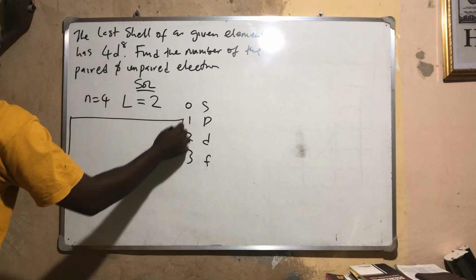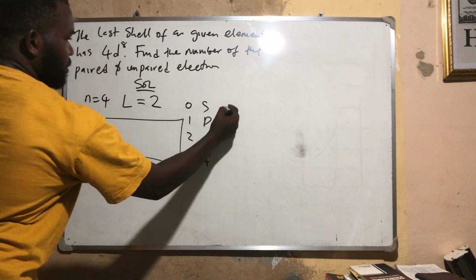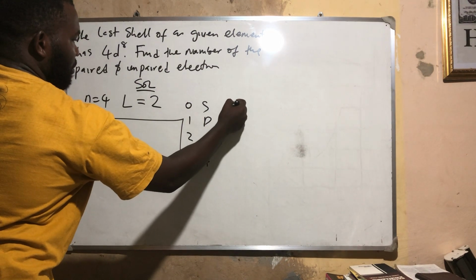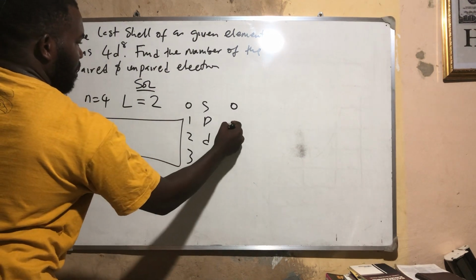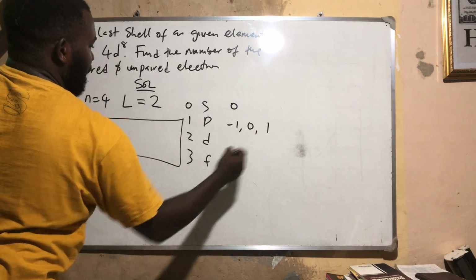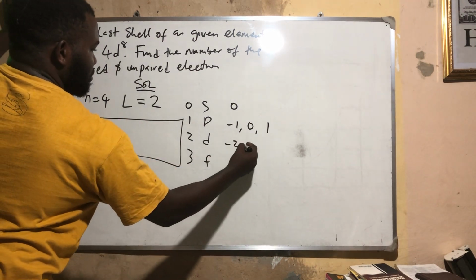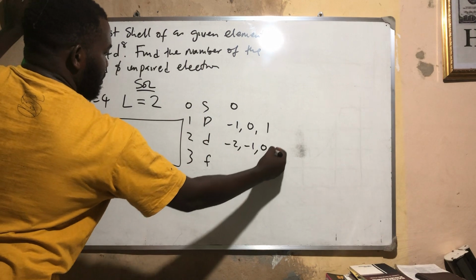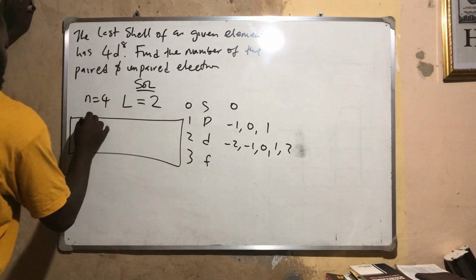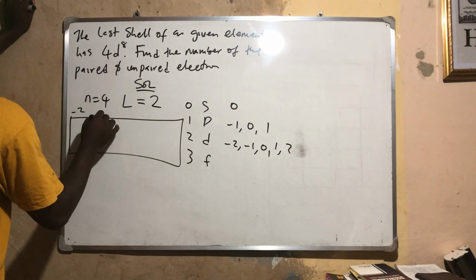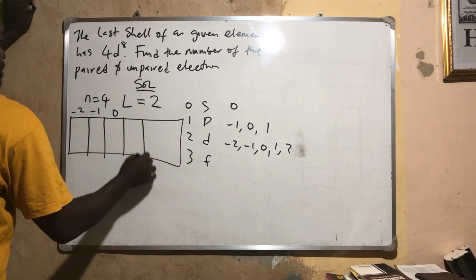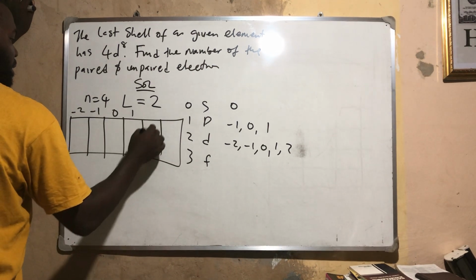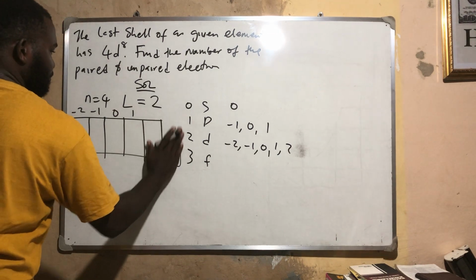I told you that S is just 0, P is -1, 0, and 1, and D is -2, -1, 0, 1, and 2. So we draw -2, -1, 0, 1, and 2.